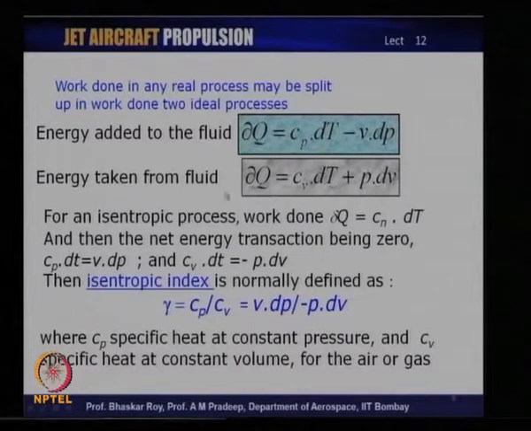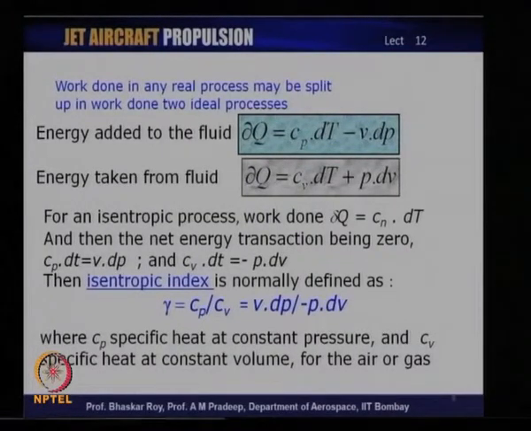Then, for an isentropic process, the work done can be written down simply as delta Q equal to C n dT, where C n is the specific heat of the isentropic process, let us say. And then the net energy transaction in an isentropic process is typically 0, because it is an adiabatic process.